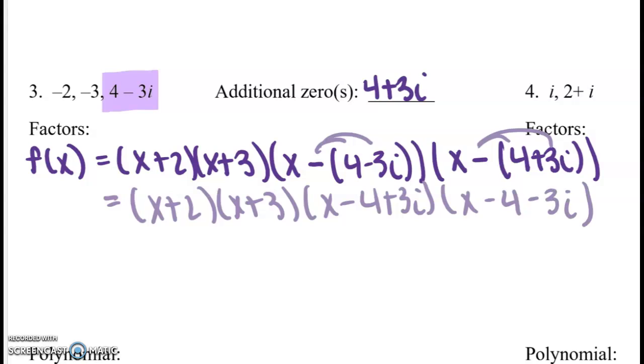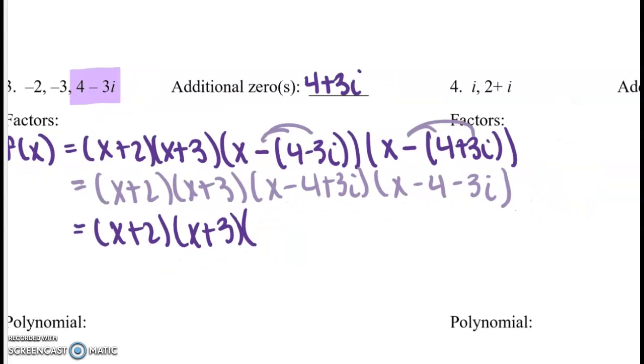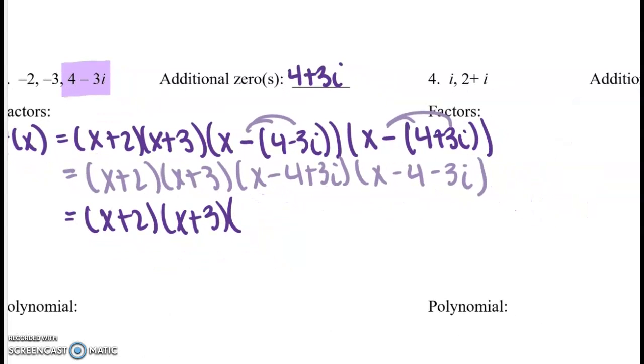And now we're going to have to distribute everything to everything. So I'm multiplying. Beginning stays the same. Okay, so I'm multiplying my x, my x by -4, my x by -3i. Then we're going to move out -4 times x, -4 times -4, -4 times -3i. And all of my i's are going to cancel out. It's just a matter of doing our multiplication.